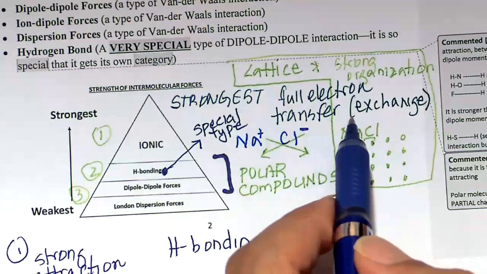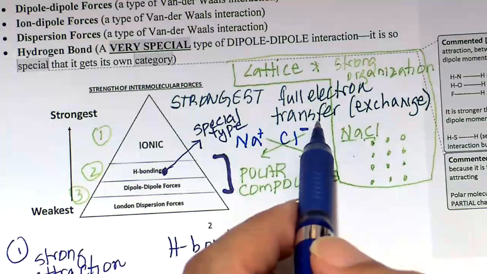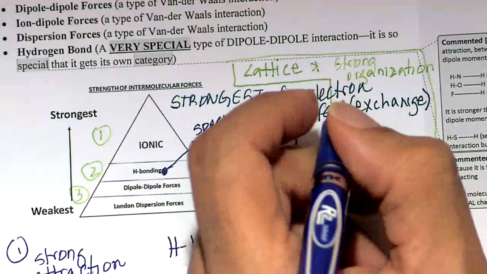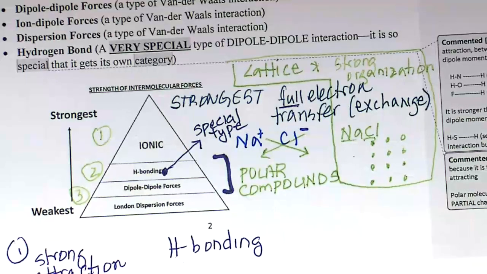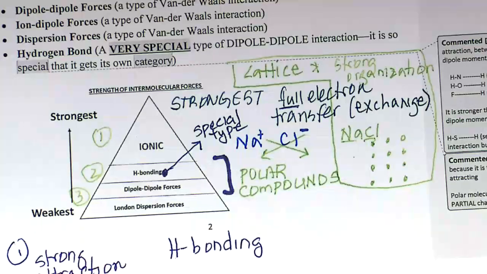Number two, this is not, as Armani said, metal, non-metal, ion exchange. This is partial charge interacting. It's not the full electron. It's partial charge interaction. The key word here is partial.